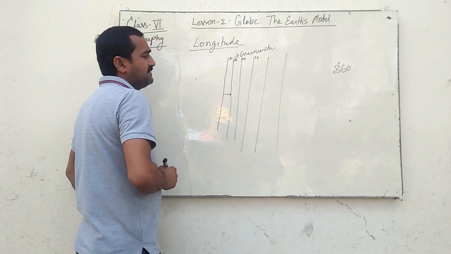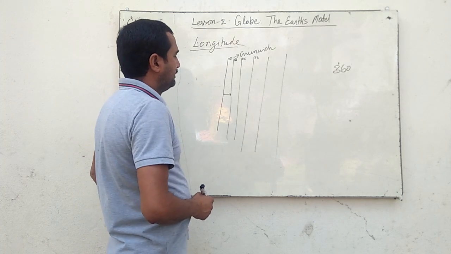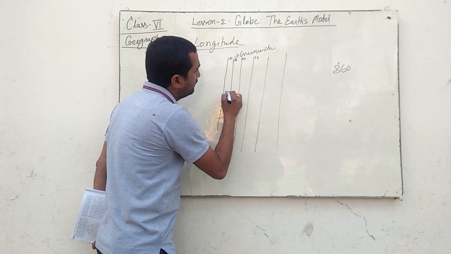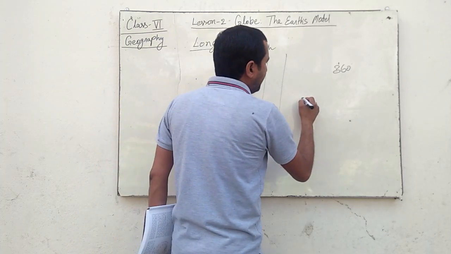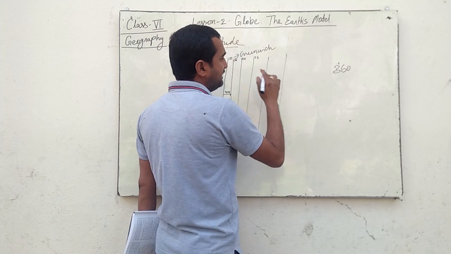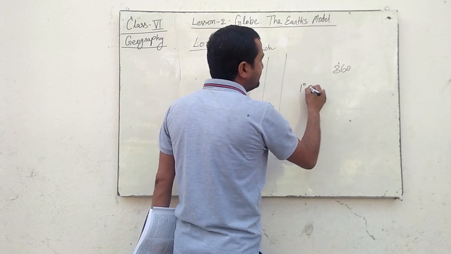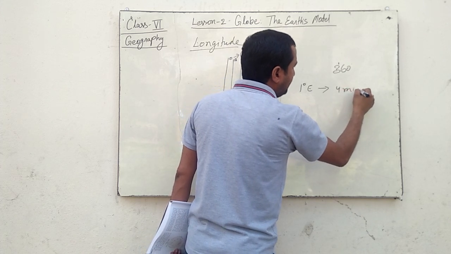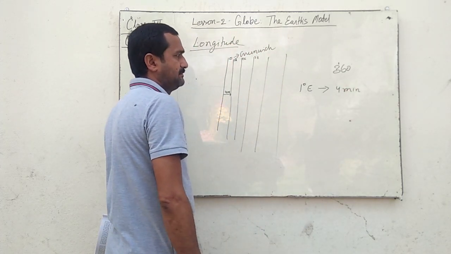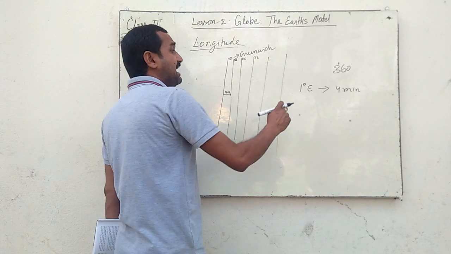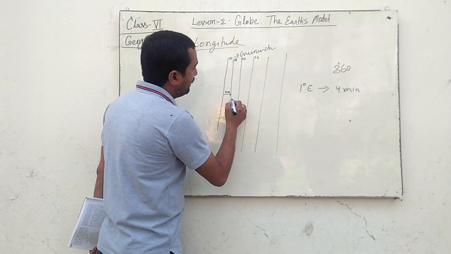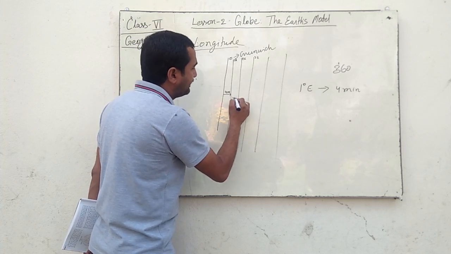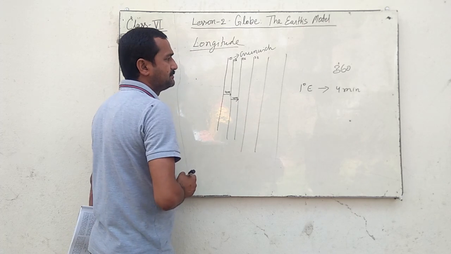In this way, if we move 1 degree east, there is a difference of 4 minutes. अगर हम ग्रीनविच मेरिडियन से 1 डिग्री ईस्ट की तरफ जाते हैं तो 4 मिनट का फर्क पड़ता है। ठीक है, फिर और 1 डिग्री हम गए, if we move another 1 degree again, 4 minutes.